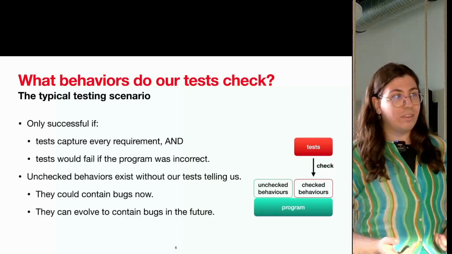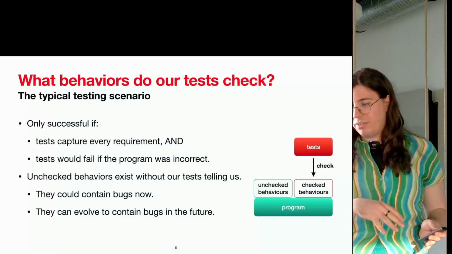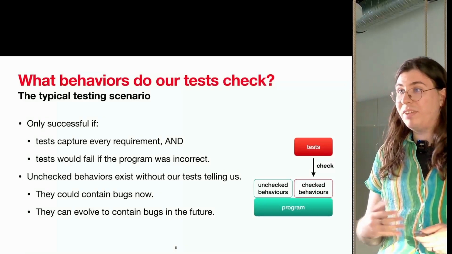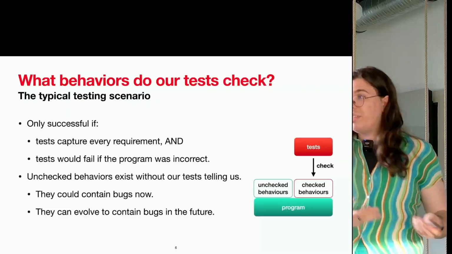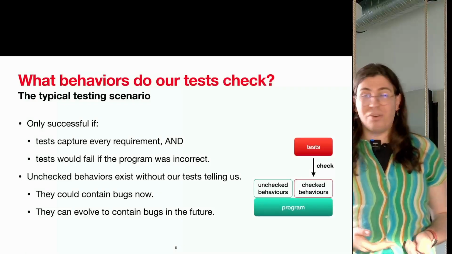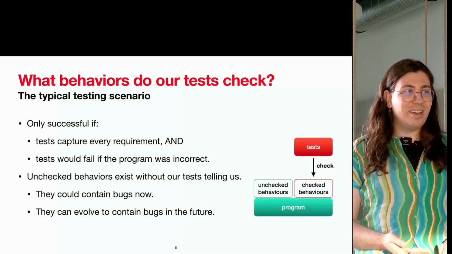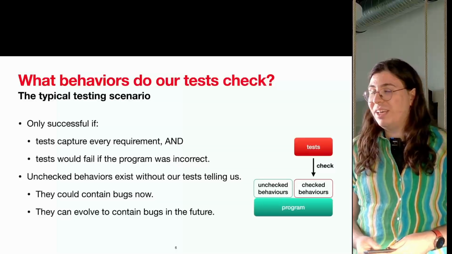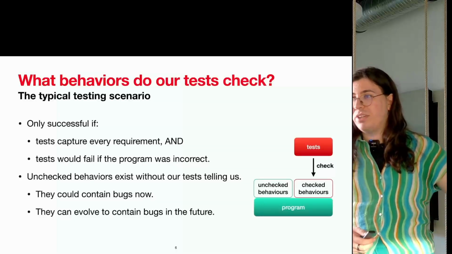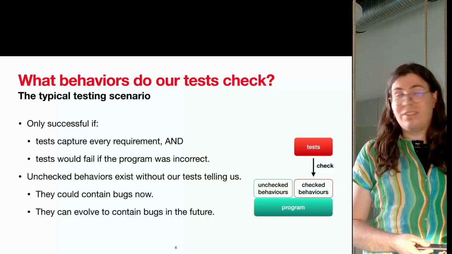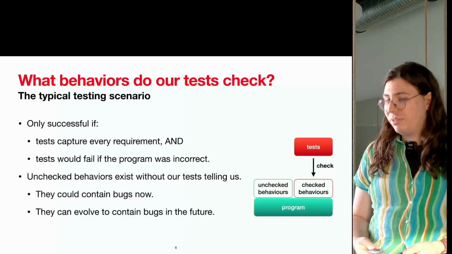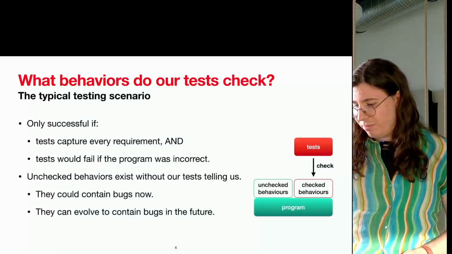Without that strength, those unchecked aspects of the program that I've alluded to previously can simply exist. And whether they're correct now or even incorrect now, our tests simply won't tell us. And so anything that happens to those unchecked parts of the program, they could contain bugs now, or they can grow to contain bugs in the future.